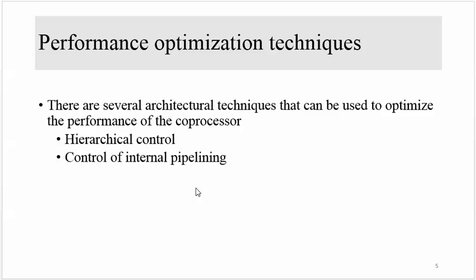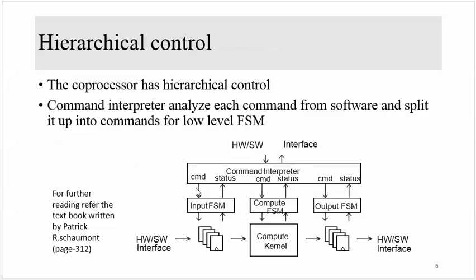We have several architectural techniques that can be used to optimize the performance of a coprocessor. Some of them are hierarchical control and control of internal pipelining. Let's start to see the hierarchical control. The hierarchical control architecture of a coprocessor can achieve communication or computation overlap.